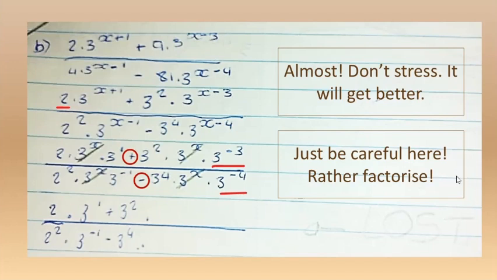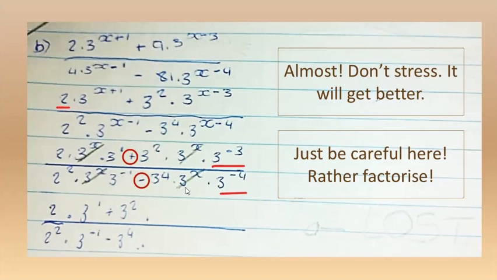Right, then what am I saying? I'm saying just be careful here. Rather factorize. I'm referring to what? Okay, I'm referring to this. You are cross cancelling, or you are cancelling, in terms that are not of a product nature.